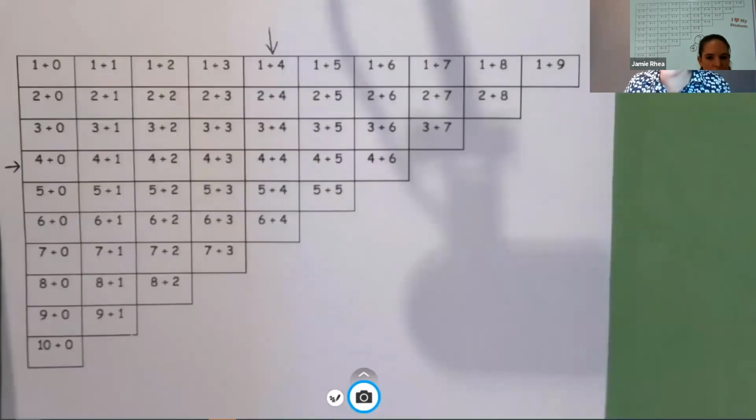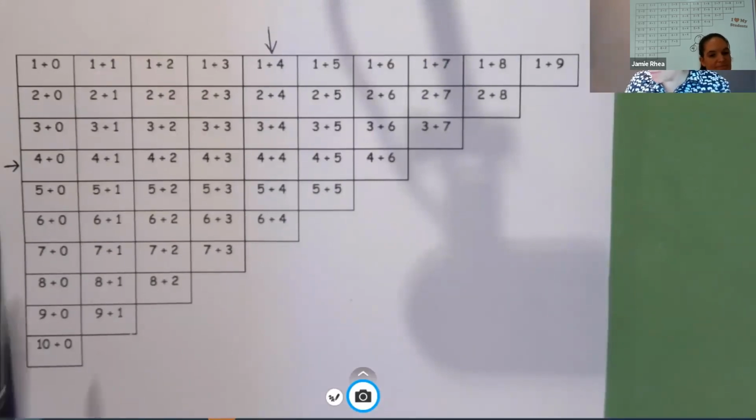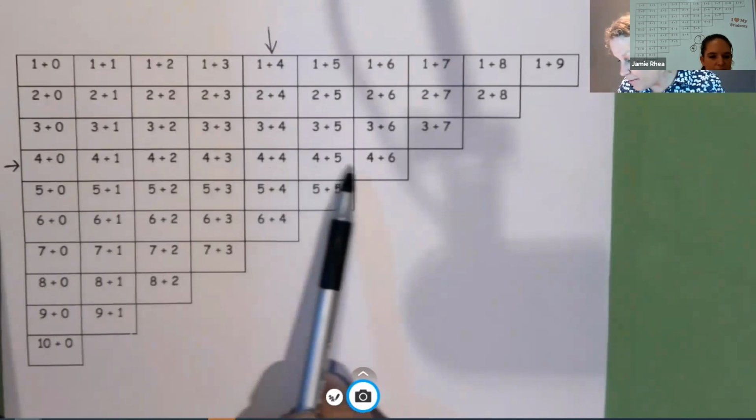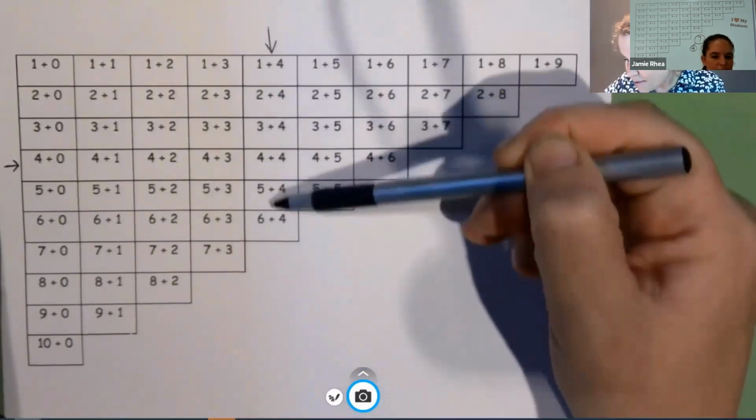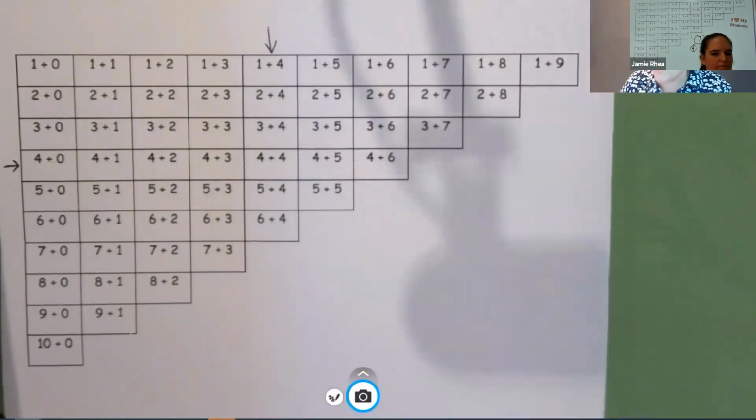Now this chart shows us our parts, but it doesn't tell us the totals. Which of the problems in this row and this column have a total of 7? Go ahead and find those now, and you can either tell a partner or say it out loud to me. Remember, if you don't know off the top of your head, you can put 4 in your head and count on. 4, 5, 6, 7.